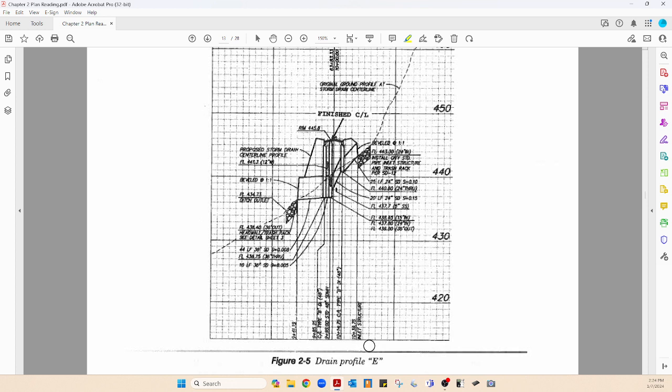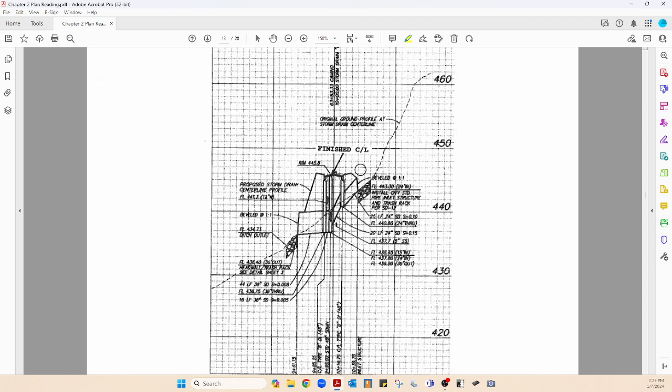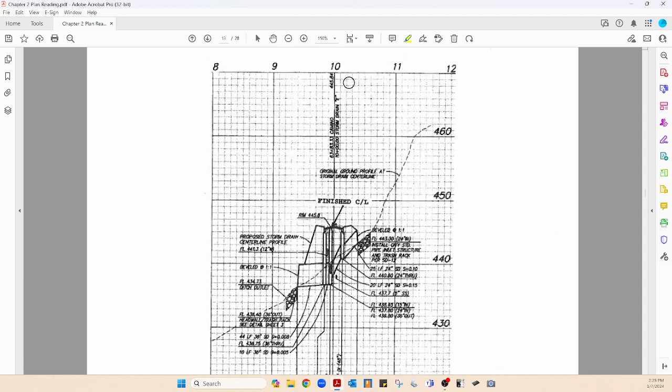I think these are going to be your stations, and you can read them from up here. This is 10, and that's 1, 2, 3, 4, 5, 6, 7, 8, 9, 10.